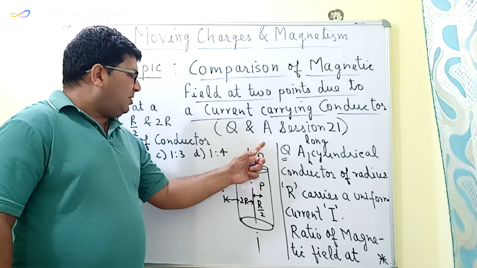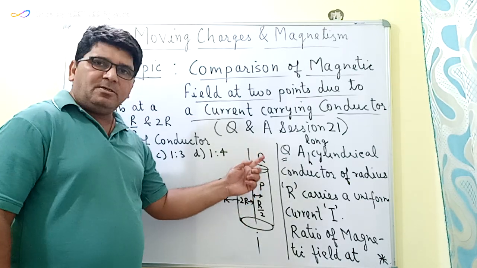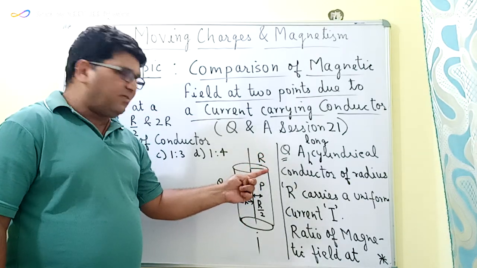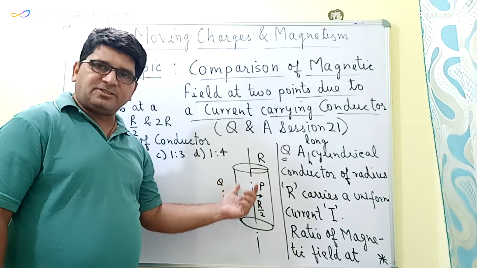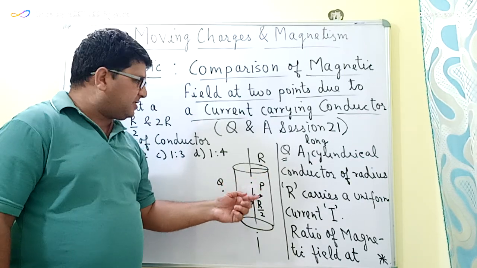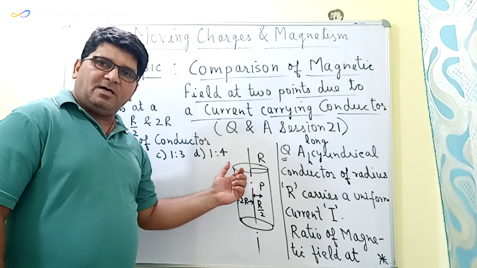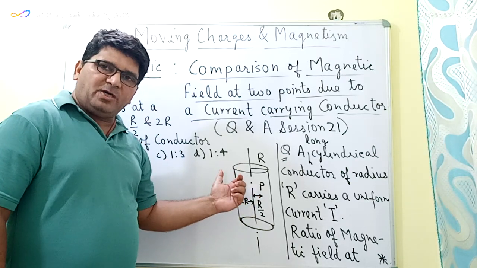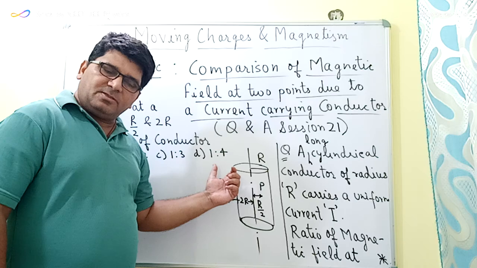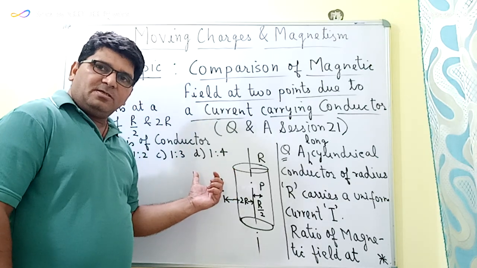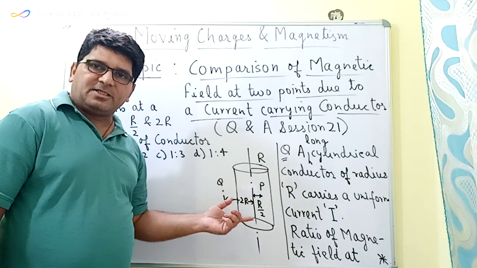In session number 18, we derived the equation for the magnetic field at a point inside the current carrying conductor, and in session number 19, we derived the equation for the magnetic field at a point lying outside the current carrying conductor.